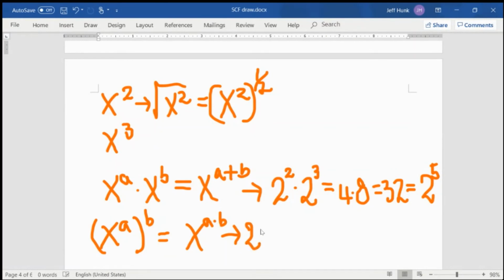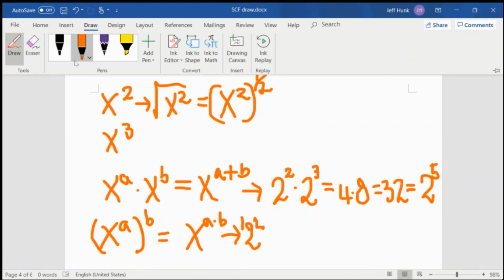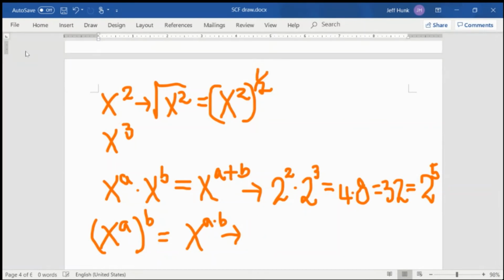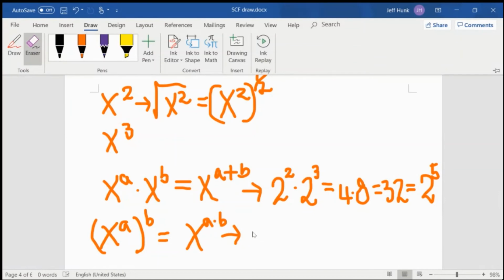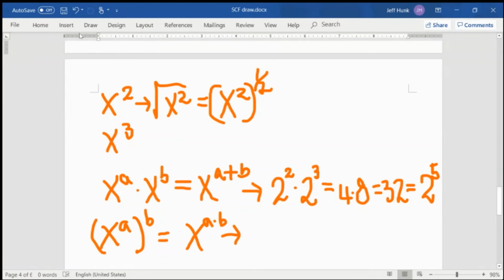Try the same thing with the second rule. If you have 2 squared, raise it to the 3rd power. What's it going to be?